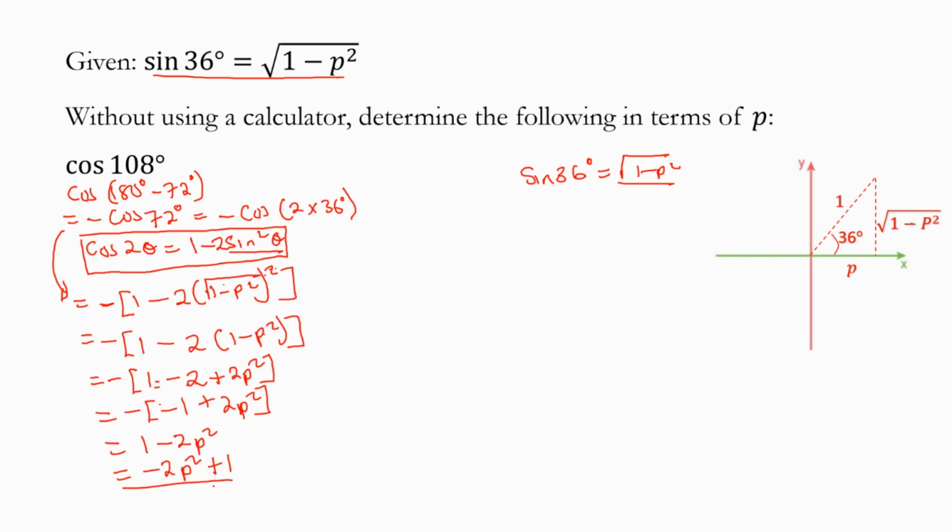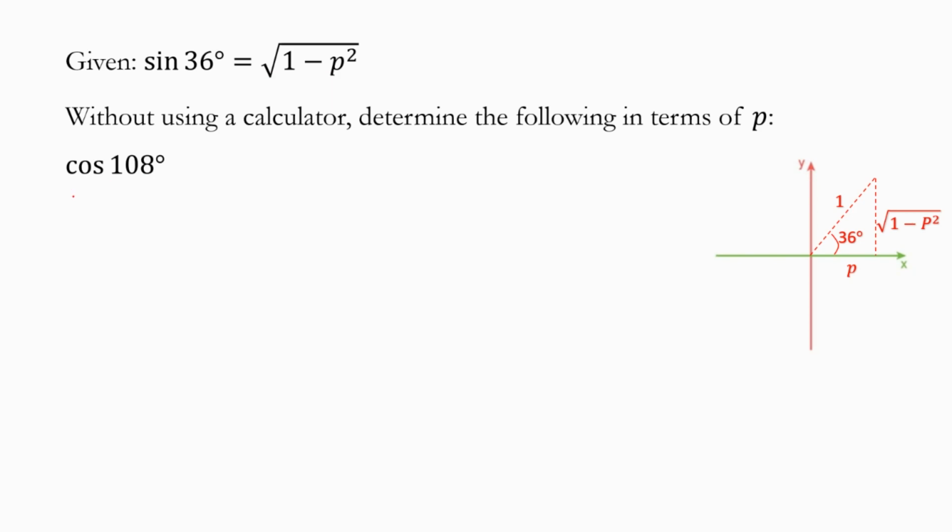Let's do the last one. We agreed that this is cos 180 degrees minus 72 degrees, which is equal to negative cos 72 degrees, which is equal to negative cos 2 times 36 degrees.